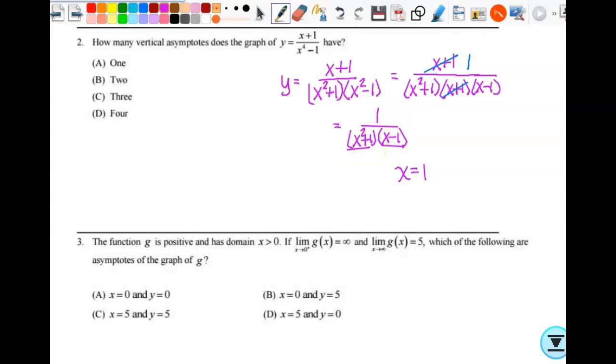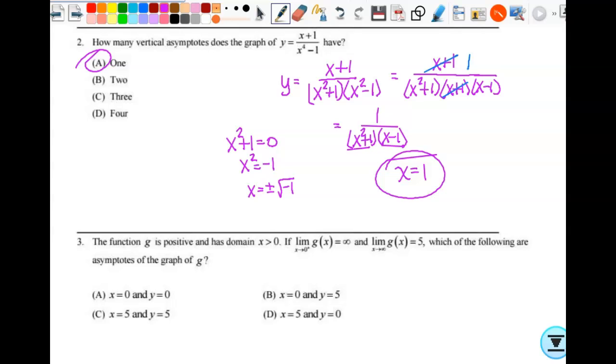No. I get x squared plus 1 equals 0, so x squared equals negative 1, so x equals plus or minus the square root of negative 1. That gives me a value, but it's an imaginary value, and I can only use the real values here. So that doesn't count. This is my only 1, and my answer is 1. So you can't go by the degree of the denominator. That's kind of what that's pointing out there.